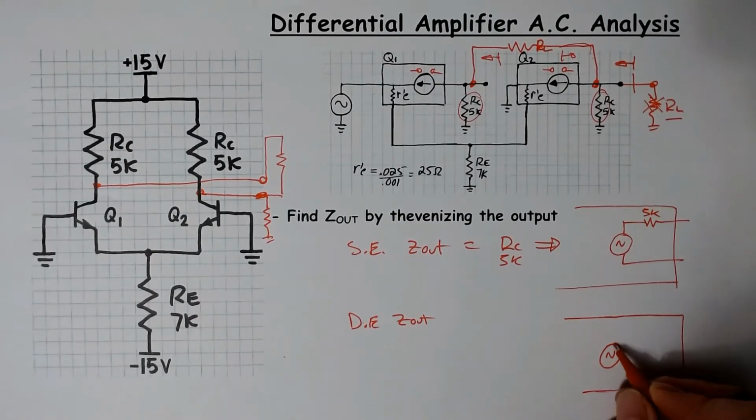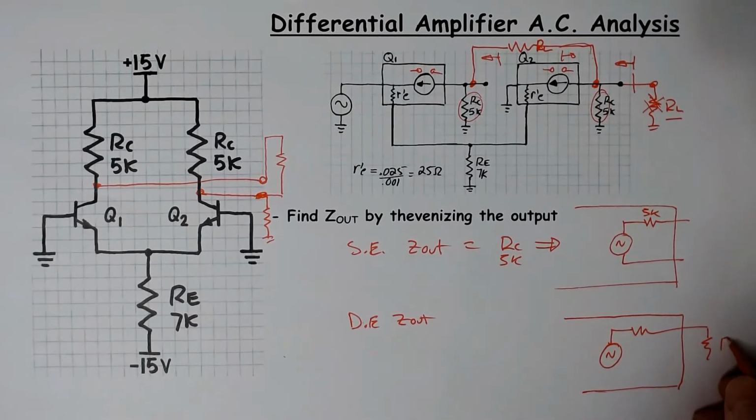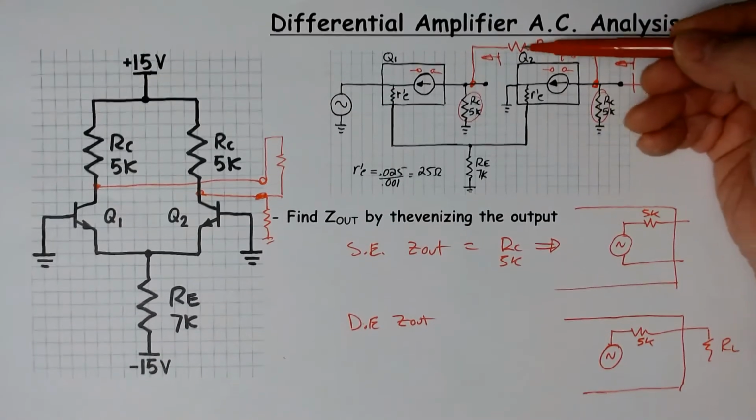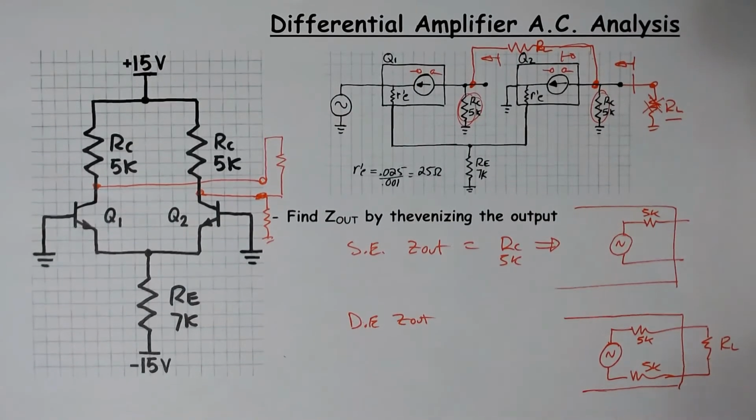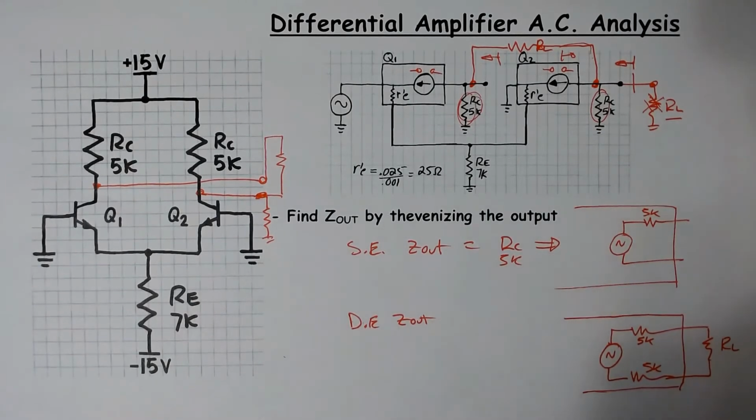Your dependent voltage source, and then one end of the load, so here's your load resistor. On one end of the load you have a 5K ohm resistor, let's say that one, and then looking out the other end of the load, you also have a 5K ohm resistor. Those are in series, so if we reduce them down to a single resistance, it would be 10K.